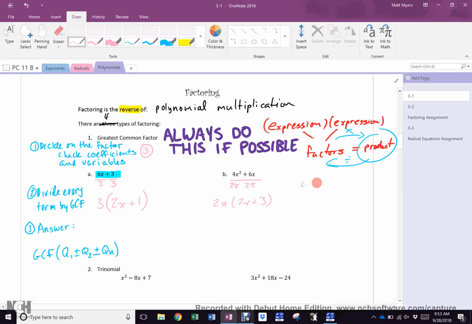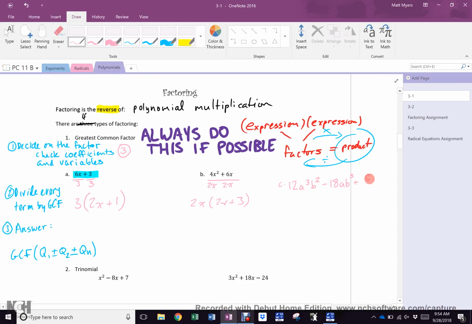C. 12a cubed b squared minus 18ab cubed plus 9abc. Do that one.